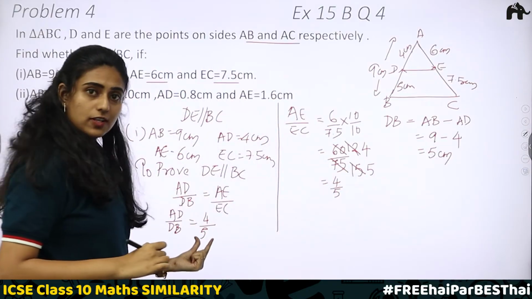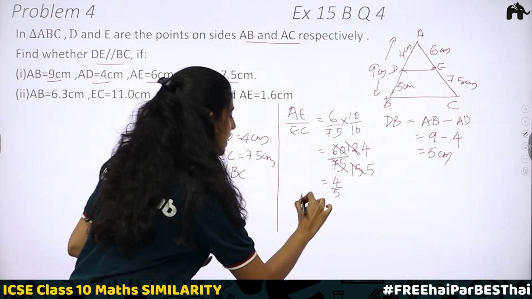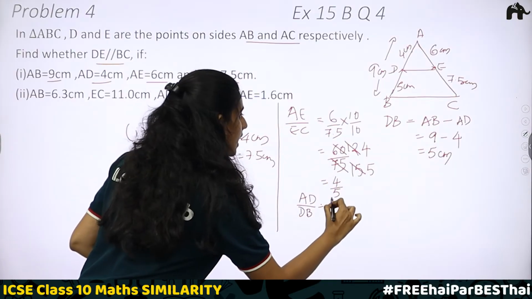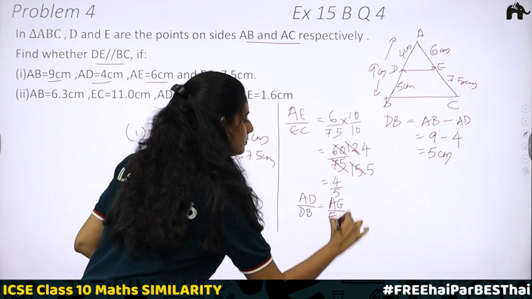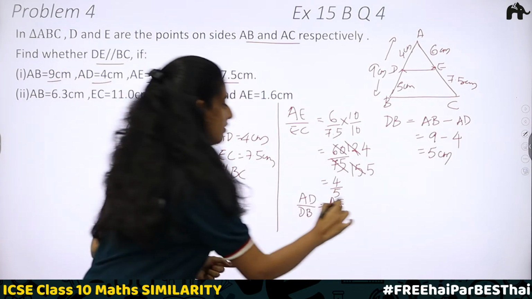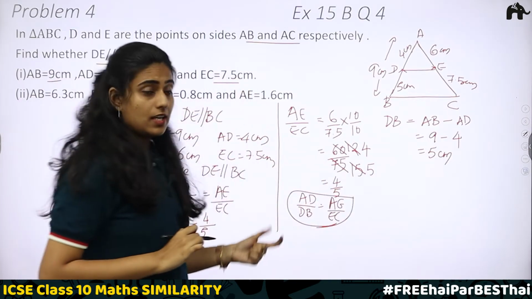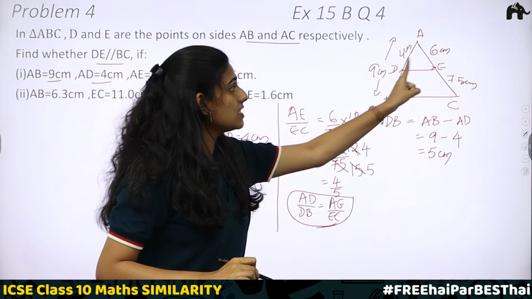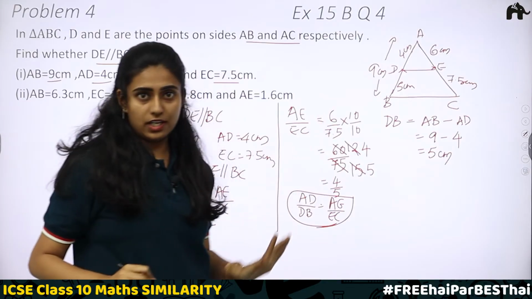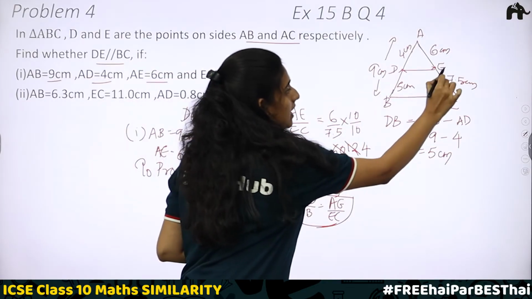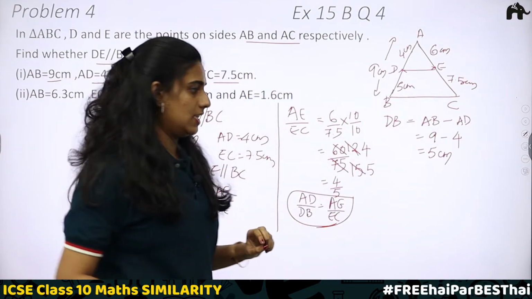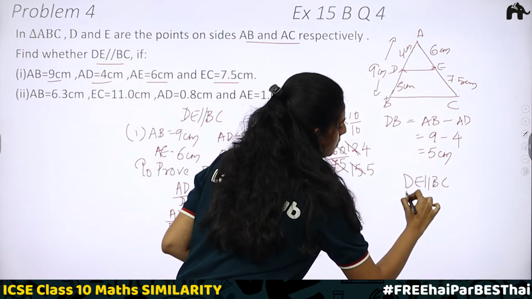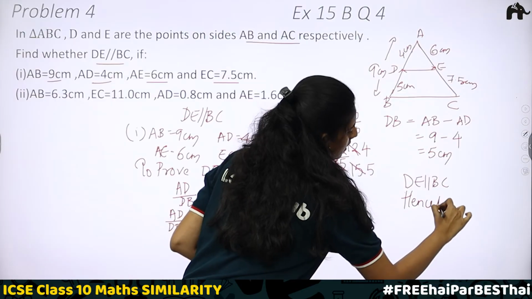Okay, here also we got 4 by 5, which means AD by DB is equal to AE by EC. Yes, we got this. That is, the sides are divided by points D and E in the equal ratio, which means this line DE will be parallel to BC. DE parallel BC. This is how we can prove. Hence the proof.